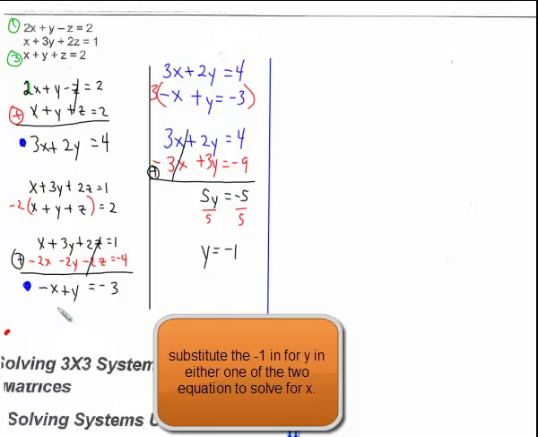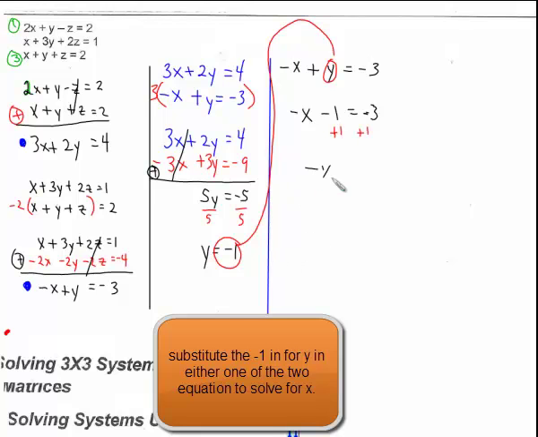Since we already found negative x plus y equals negative 3, if I substitute negative 1 in for y, I will find x. So substituting negative 1 in for y, I get negative x minus 1 equals negative 3. Add 1 to both sides, and negative x is equal to negative 2. Dividing by negative 1, x is equal to 2.